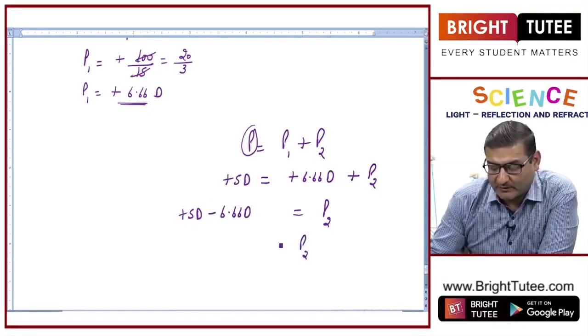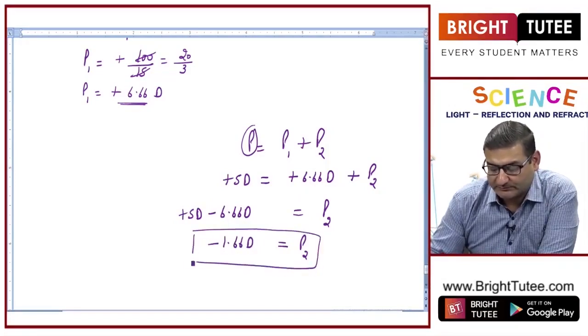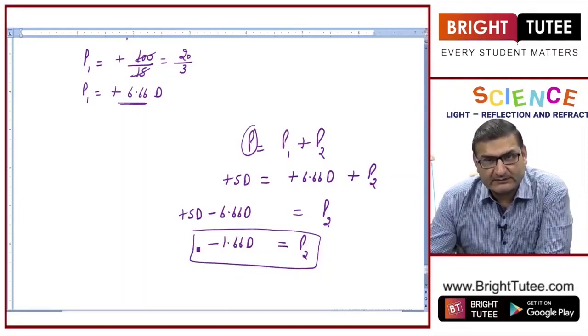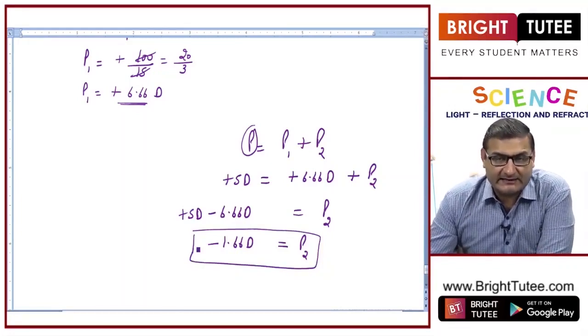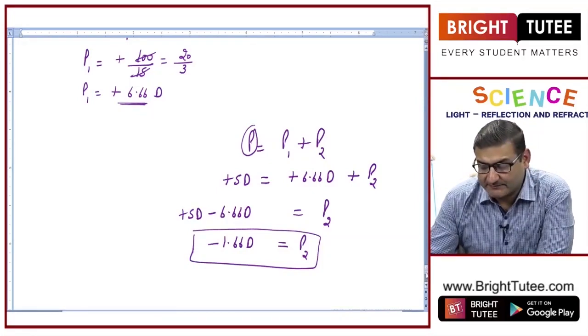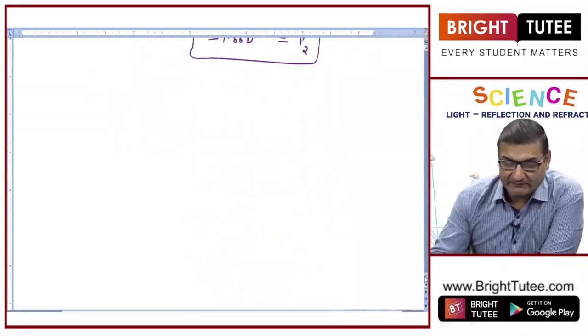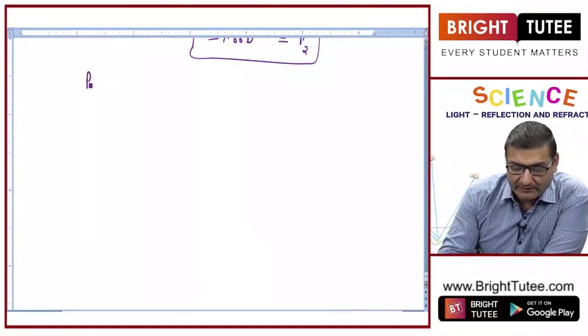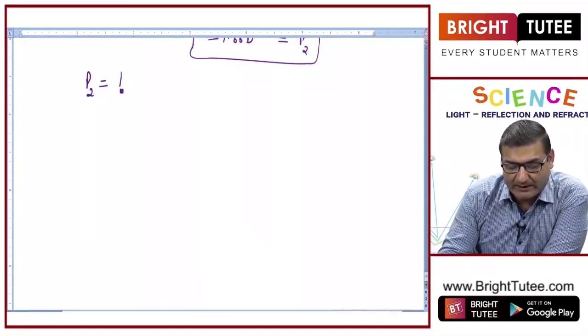So, the power of the second lens comes out to be minus 1.66 diopters. Right? This is the power of the second lens, which is coming out to be in minus. That means it is a concave lens. Right? The next part we were asked was, what will be the focal length of the second lens Y?